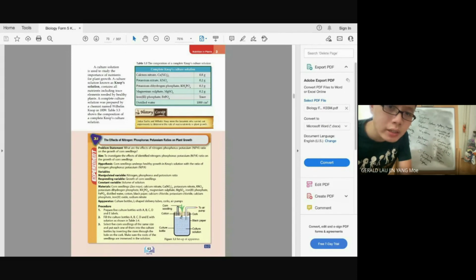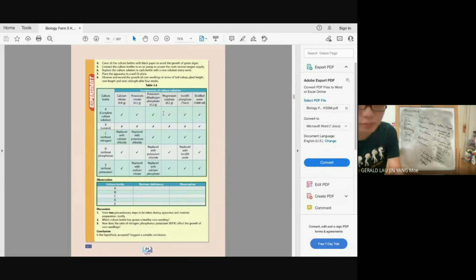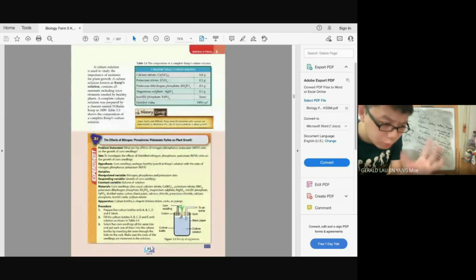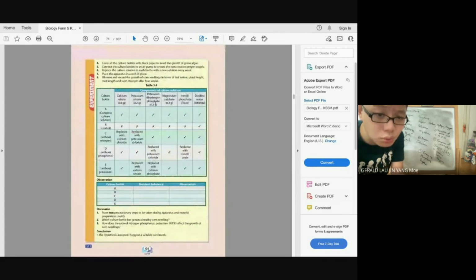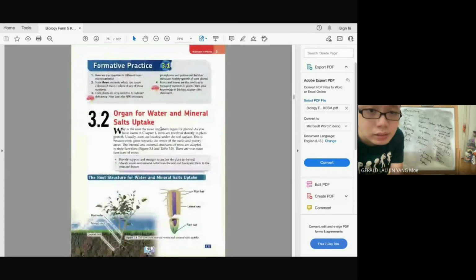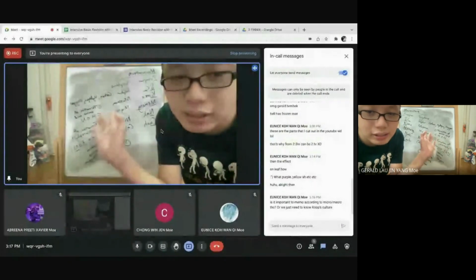NPK solution is to study the growth of the plant relating to the nutrients. And this one normally won't come out in paper 3. You see, this one takes days and months to observe, so cannot. So the nightmare is over already.